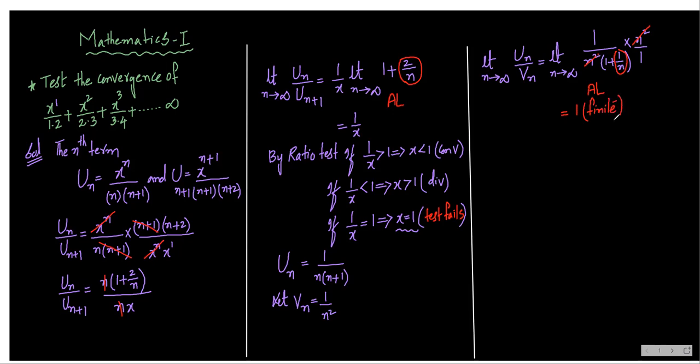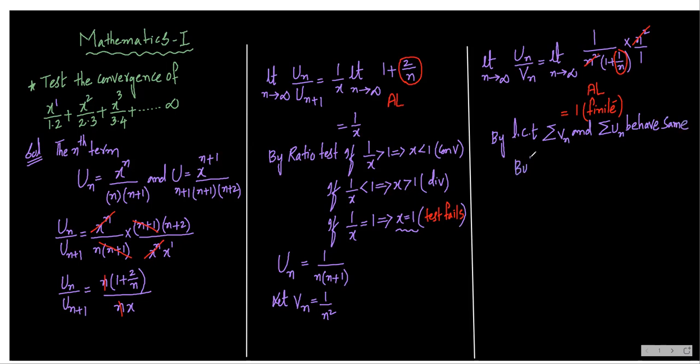Then we have to write our statement of limit comparison test. Here I am writing, by limit comparison test summation vn and summation un behave same.